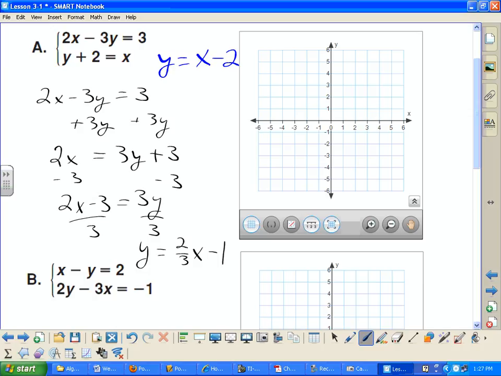So we got y equals 2/3 x minus 1, so we'll graph that line on our graph paper, and that's why you have a ruler and graph paper, so your graphs are accurate. What we're looking for is, where do they intersect? Go ahead and draw these on your paper. Graph the y-intercept first. Make sure you're using graph paper.